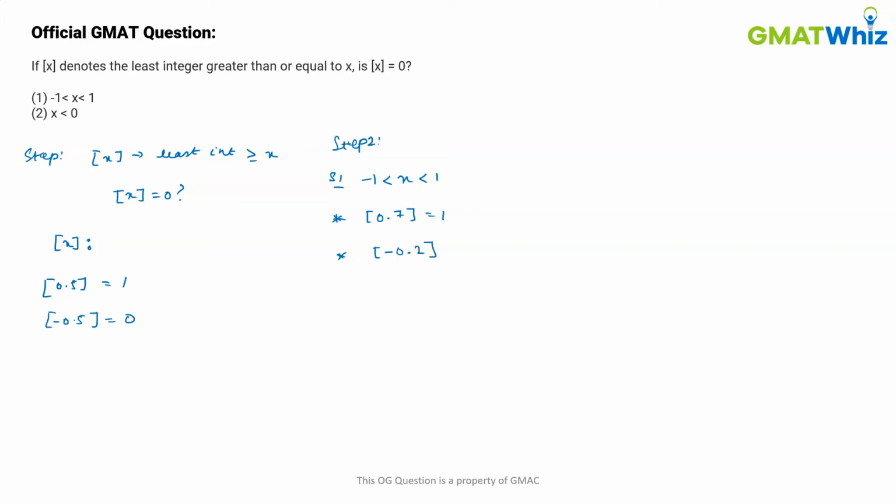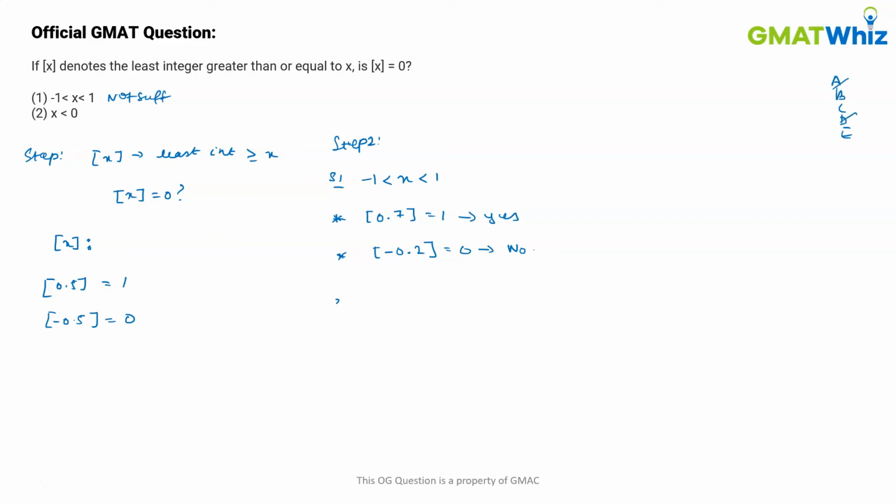In this case, the value of box -0.2 will be equal to 0. Thus, we are getting two contradictory answers. From the first value of x, we can answer the question with a definite yes, and from the second value of x, we can answer the question with a definite no. Hence, statement 1 is not sufficient, and out of the given options, we eliminate options A and D.